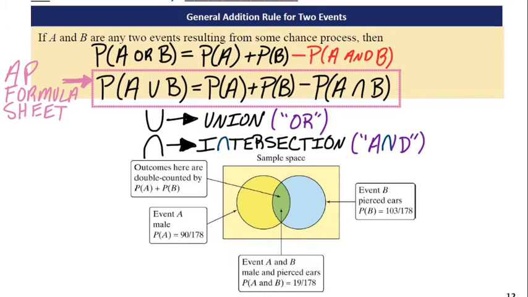So the and statement is the one where they both occur at the exact same time. Union means either one or the other occurs, we don't really care which, just as long as one or the other happens. The intersection, the and statement, means they both have to be occurring at the same time.